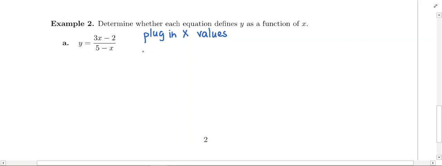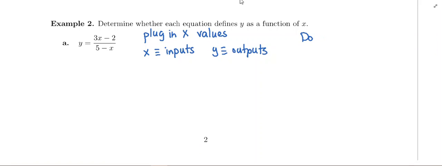We know that x values are our inputs and y values are our outputs. So we're going to take random x values, plug them in, and see if every time you plug something in, you get just a single output.